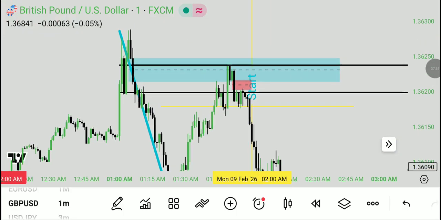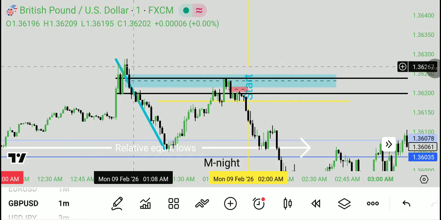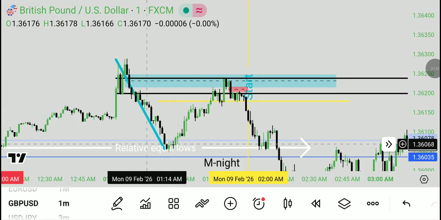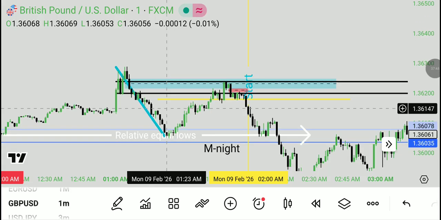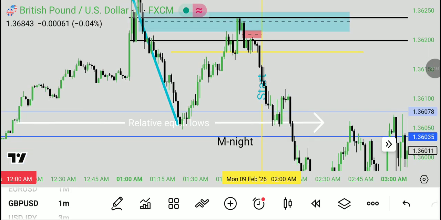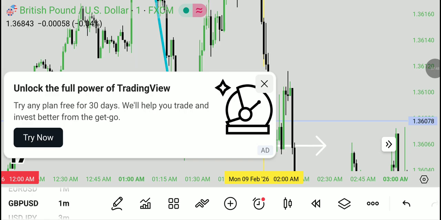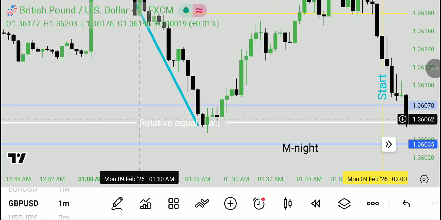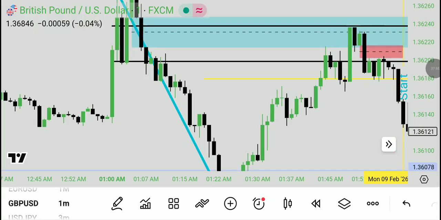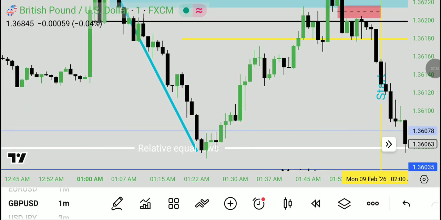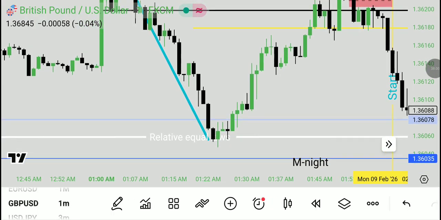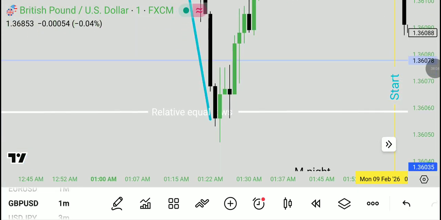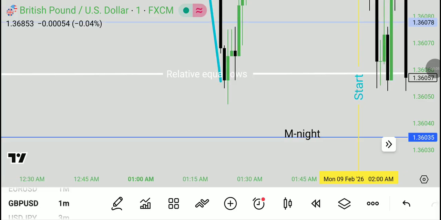Okay. Once the market comes down and did not hit the midnight, you can see the market was coming down, and did not take out this midnight candle.